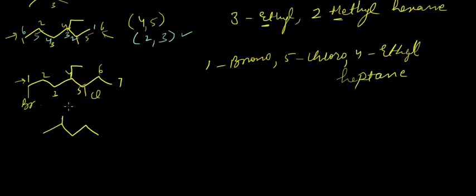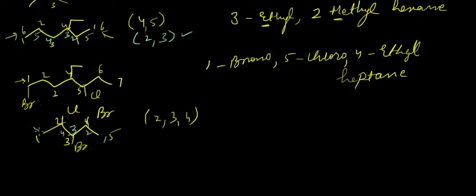Okay, so let us take this example. In this example we have chloro, bromo here and bromo here. What would be the IUPAC name of the same? If we start the numbering from this carbon, we have substituents at the 2, 3 and 4 positions, and if we start the numbering from this carbon, we have 1, 2, 3, 4, 5, again 2, 3, 4 positions. So we'll be taking this one. Why?